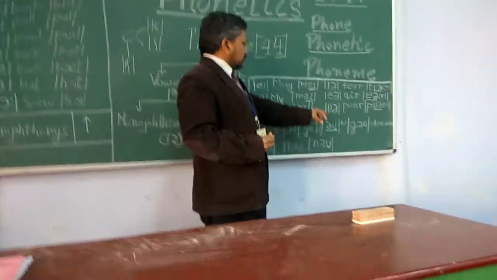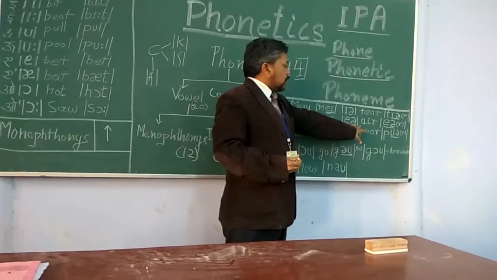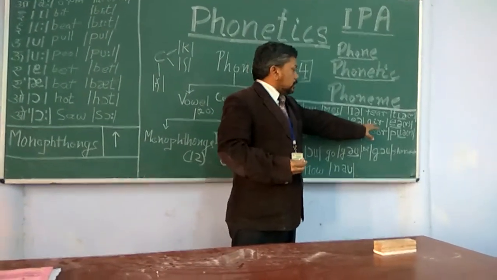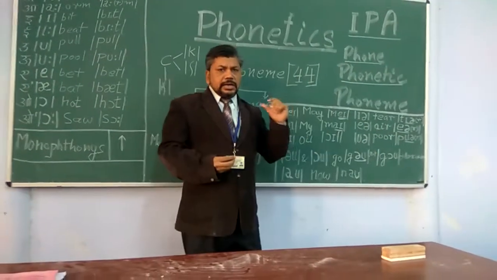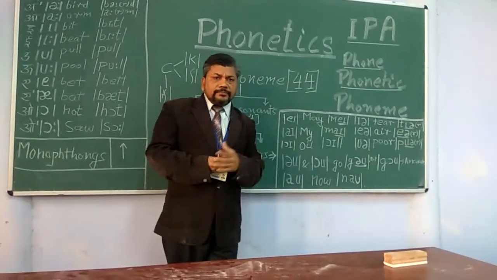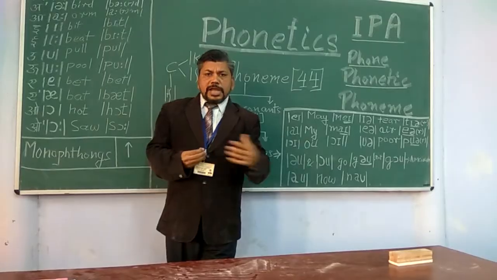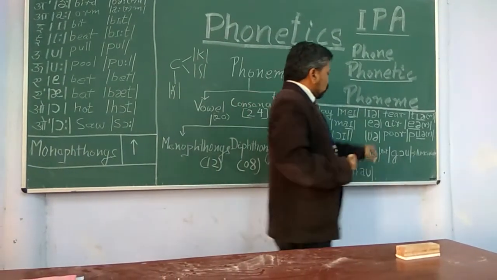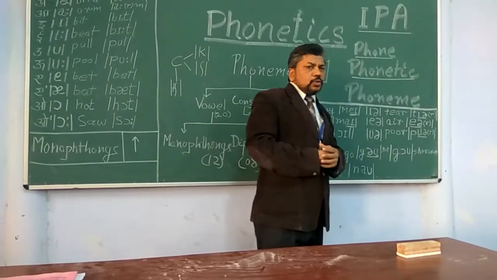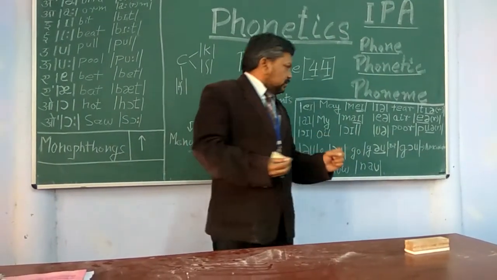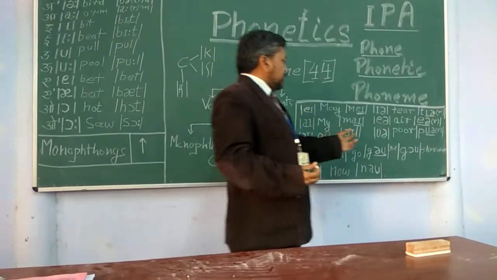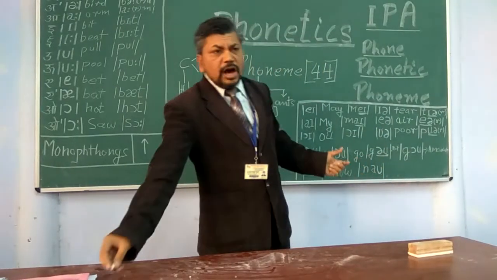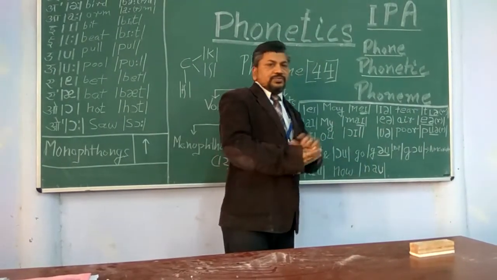Then there comes A and A: air, dear, mare, spare. Then there come oo and a. Let us have a bit of a scientific pattern on how this oo sound comes.